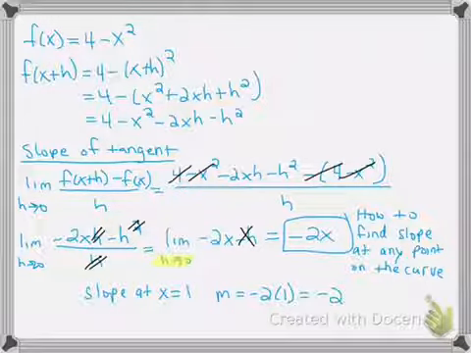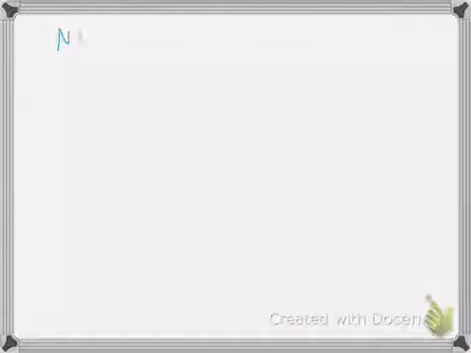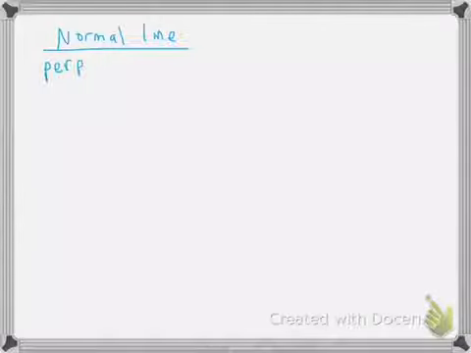Perfect. So the first thing that we wanted to do was write this normal line. In order to write the normal line, we need a slope because we have to take an opposite reciprocal. Well, we just found the slope that we needed. The slope of my tangent line is -2, which means now we can find the slope for my normal line, the opposite reciprocal slope. The normal line is perpendicular to our tangent line.